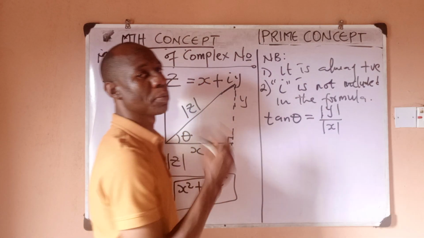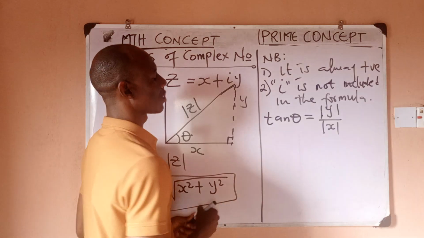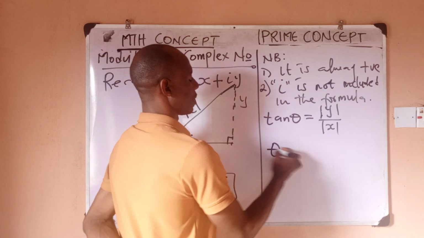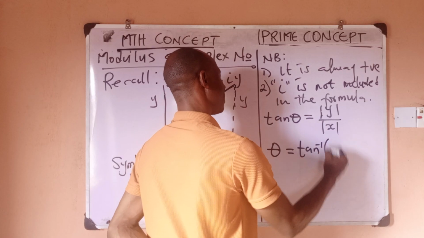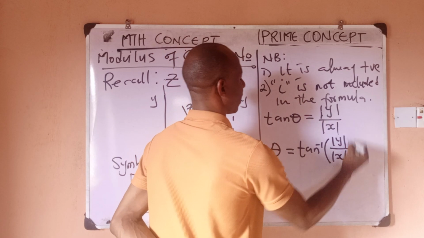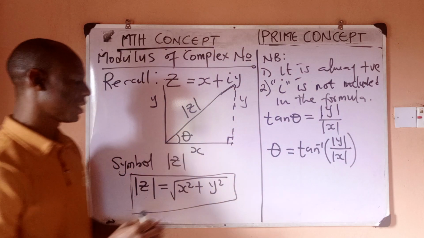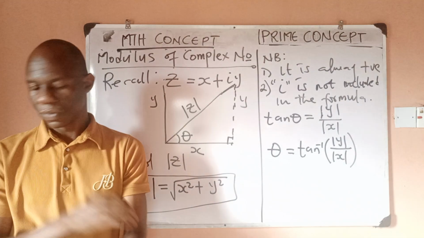We want them to always be positive. So at the end, we'll determine which quadrant it falls in and get the actual angle. So our argument theta is the tan inverse of y over x. This is our argument, and this is the formula for the modulus of the complex number.